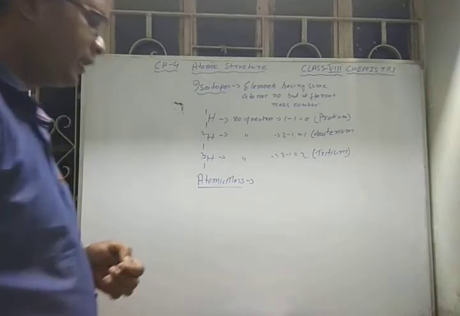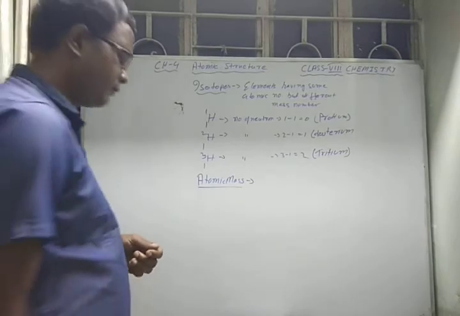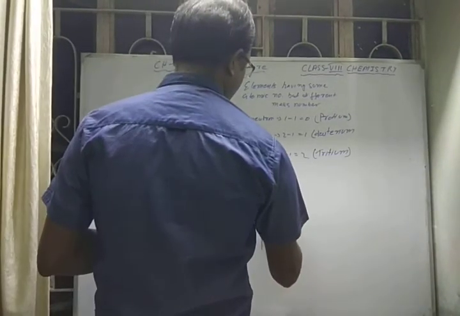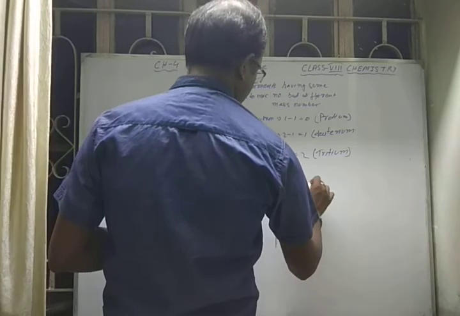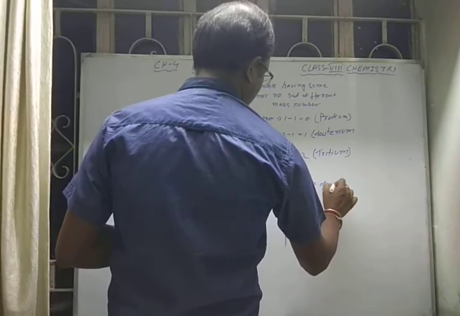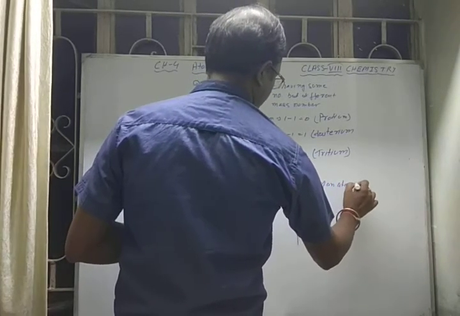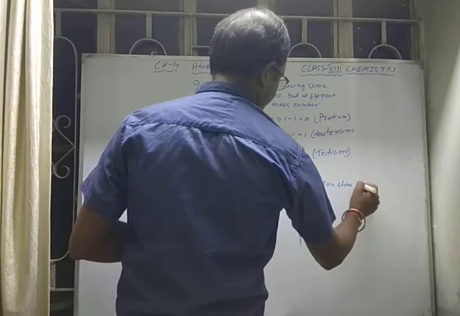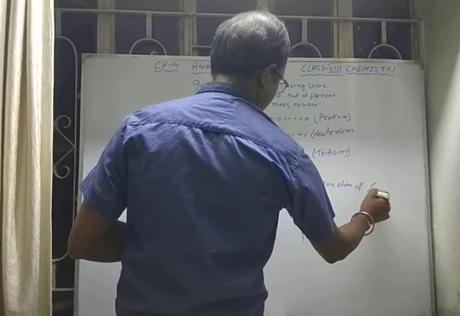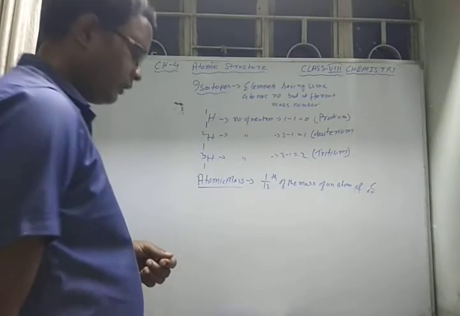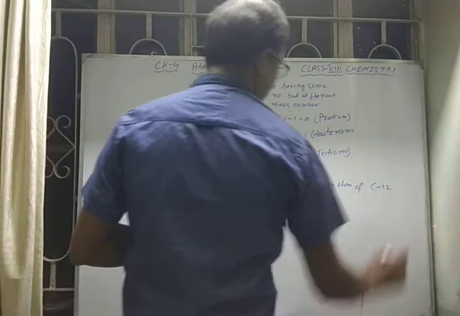Atomic mass is the mass of an atom of an element, which is equal to 1/12 of the mass of an atom of carbon 12.